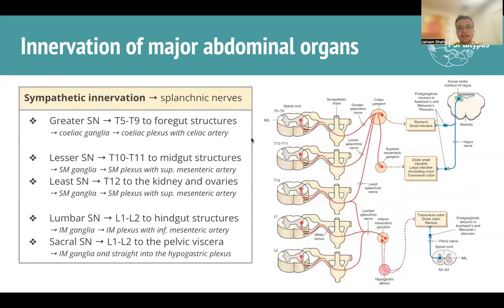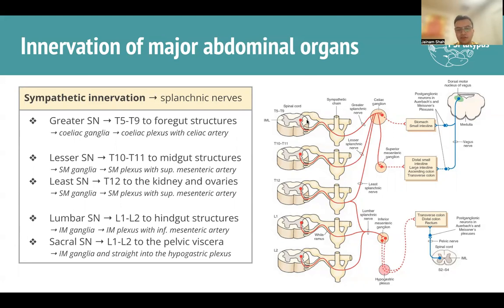Now, in terms of innervation, it gets really, really confusing. I'd encourage you to read over this diagram and look at this table again and again and again as you encounter questions on this. But I've tried to simplify it as much as I can for you guys by showing you that all of these will follow a similar pattern. So the sympathetic innervation is conveyed through splanchnic nerves. So they don't directly come off of the sympathetic chain.